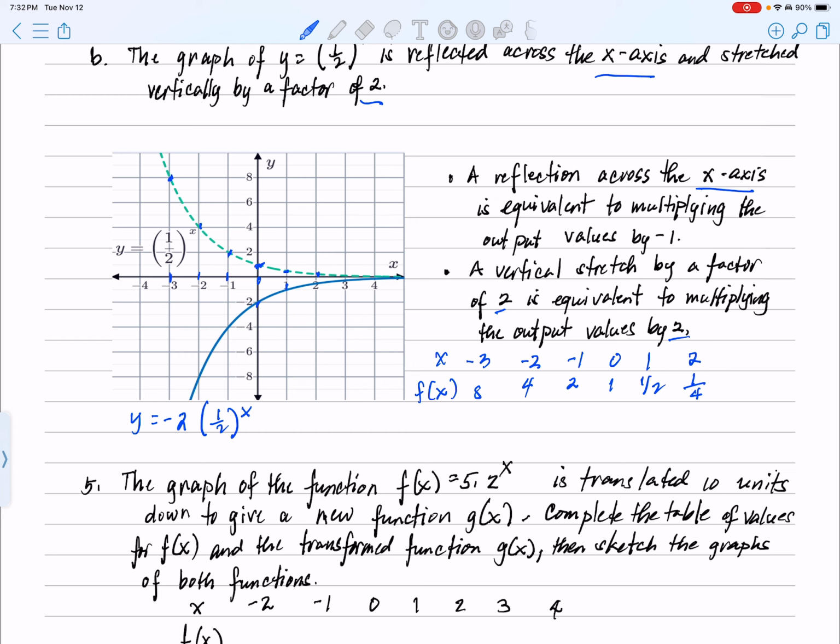Well, the new graph says that we multiply the output value by -2.